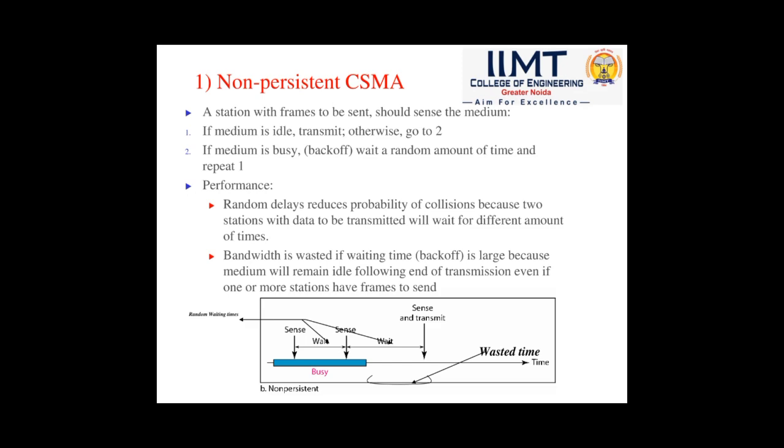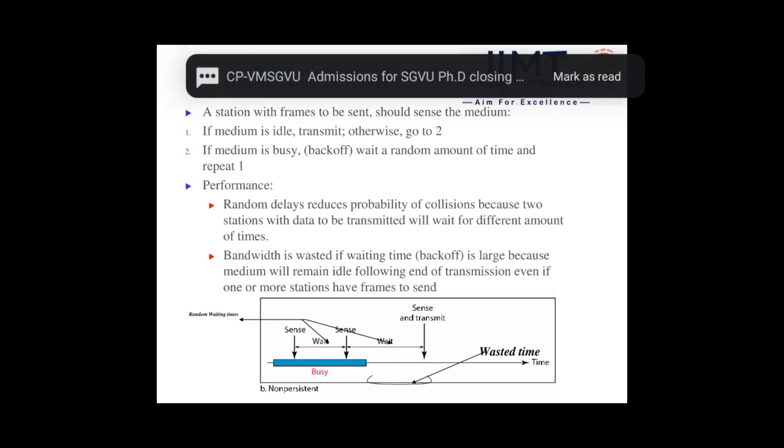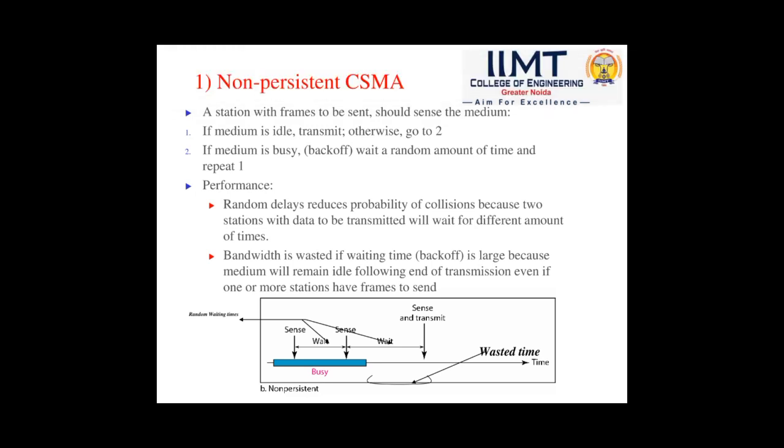If the channel is busy, it has to wait. If the channel is idle, it sends its frame. So in the non persistent method, the waiting time of the station is chosen randomly. So this is about non persistent CSMA.